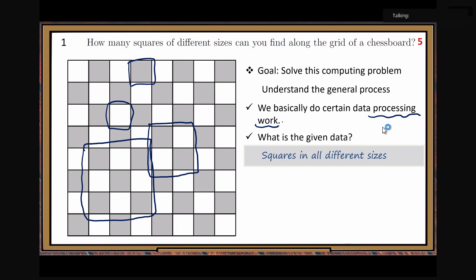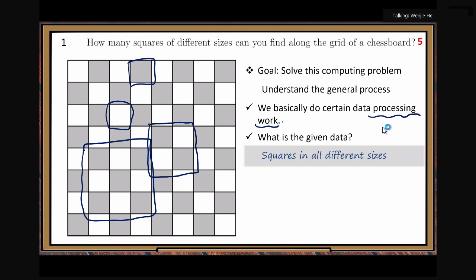Now, do some careful observations here. How many different sizes can you see in the figure? Sizes of different squares. Do careful observation.